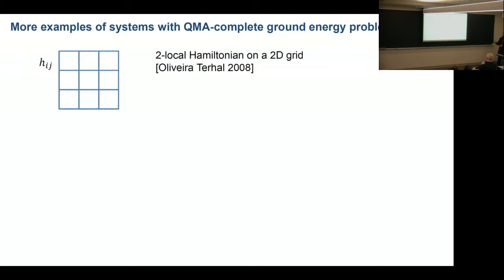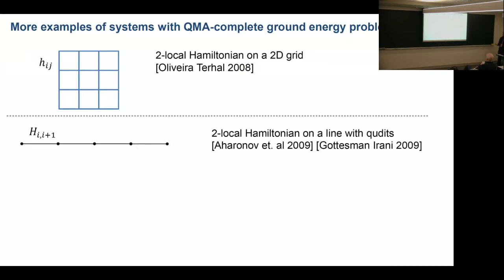For example, if the Hamiltonian describes interactions on a 2-dimensional grid, it's still hard, or even on a 1-dimensional line. And it's known to be hard in 1 dimension with higher dimensional particles, so not qubits anymore, but the local Hilbert space is now d-dimensional for some constant d.